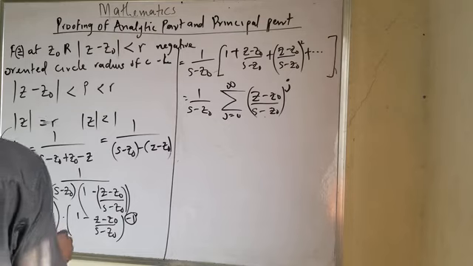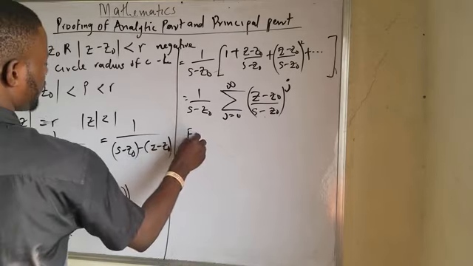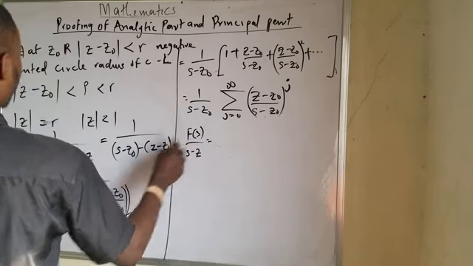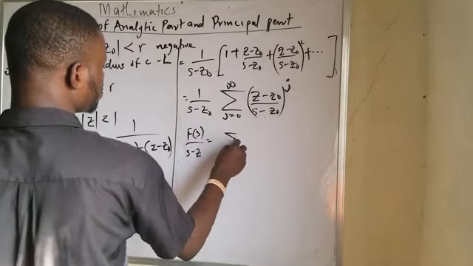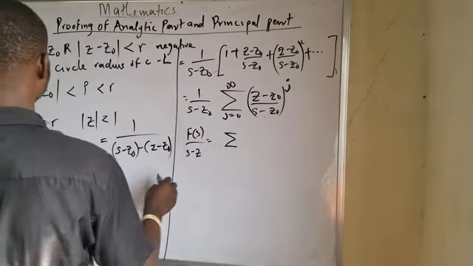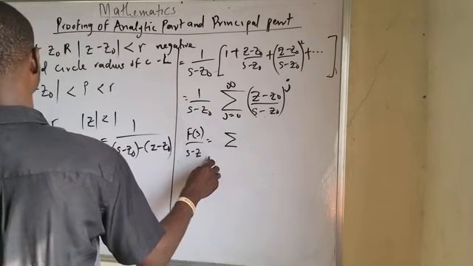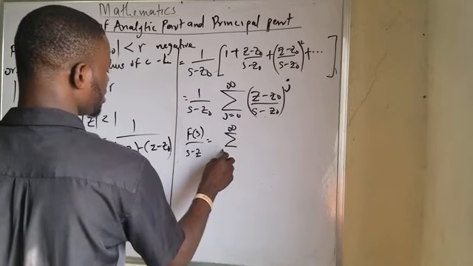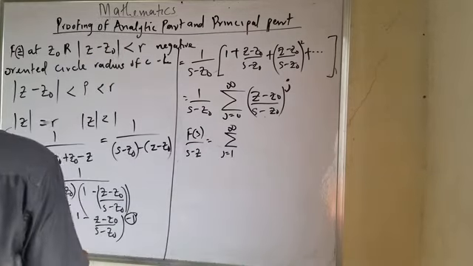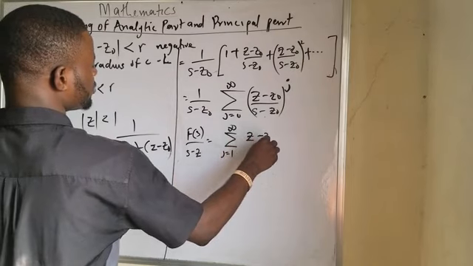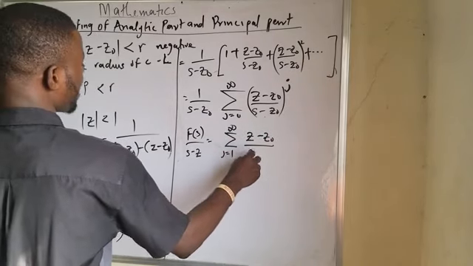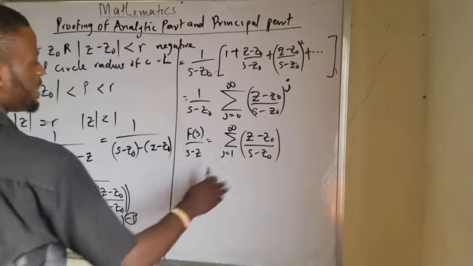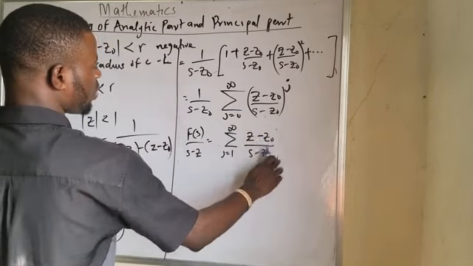Now my f of z divided by x minus z can now be equal to the summation, taking j equals 1, of z minus z naught divided by x minus z naught, all bracket of, now this upper one, there is something between upper and lower.